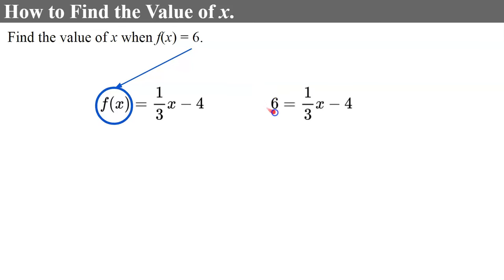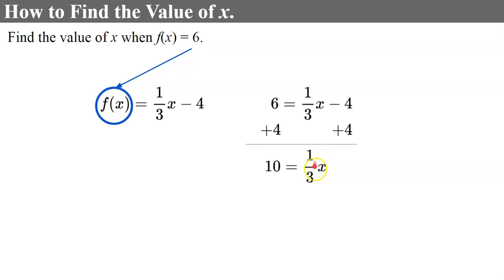Rewriting our function, our output 6 is equal to 1/3 x subtract 4. We're going to add 4 to each side to solve for x. 6 plus 4 is 10, giving me 1/3 x on the right side. Negative 4 and 4 are 0, so I've isolated my variable term.